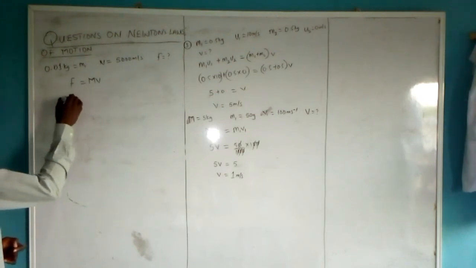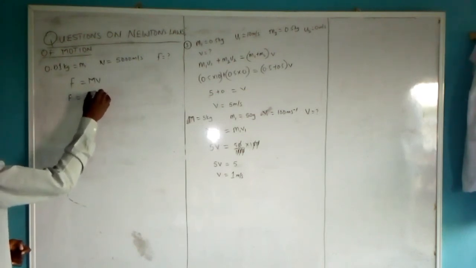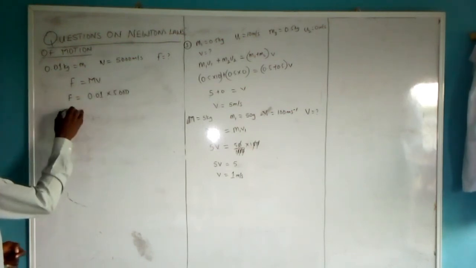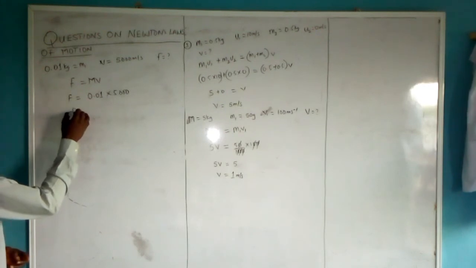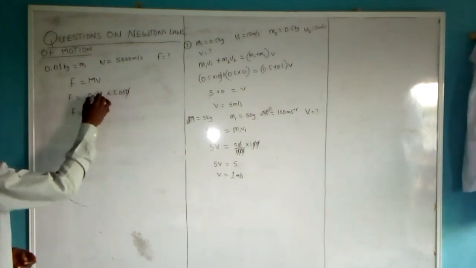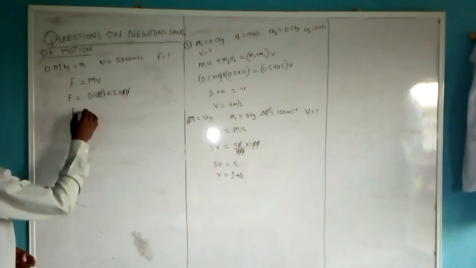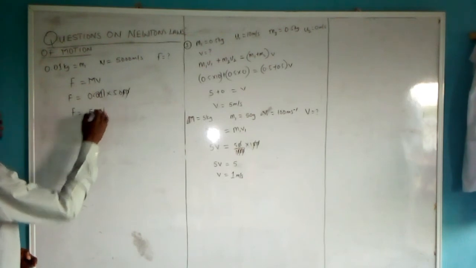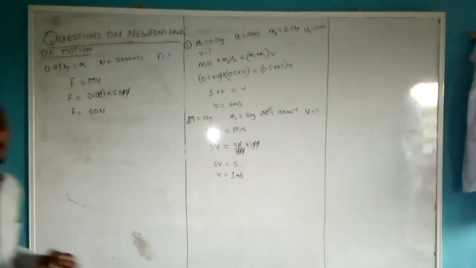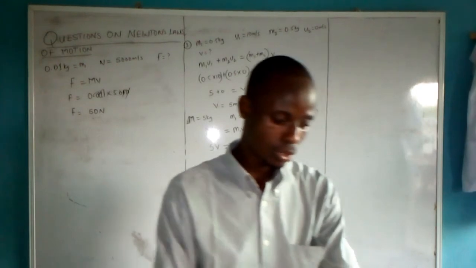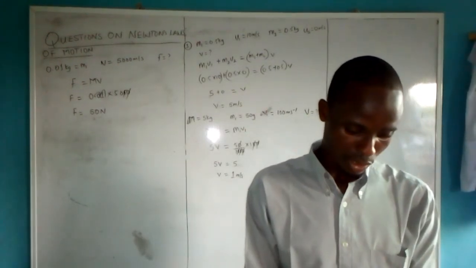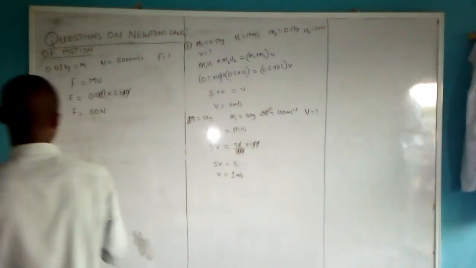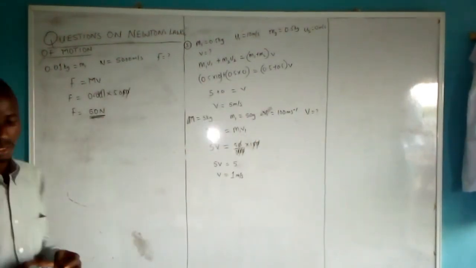So F equals 0.01 times 5,000, which will be 50 Newton. Let's confirm with the calculator: 0.01 times 5,000 is 50. So a force of 50 Newton is exerted on the rocket.